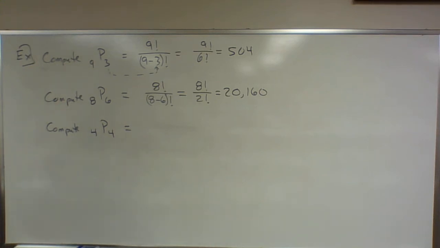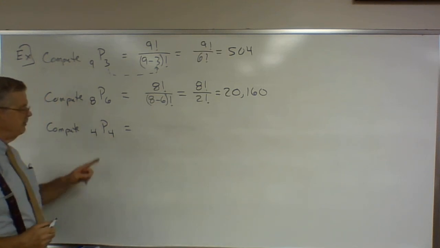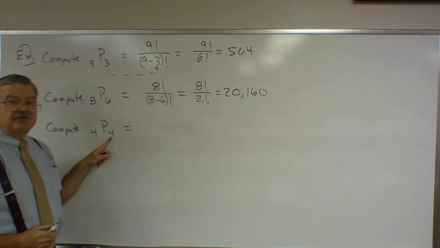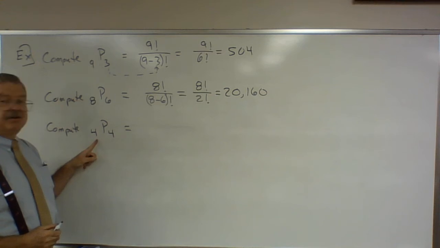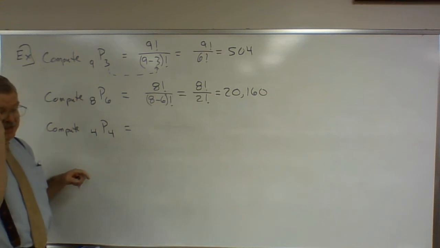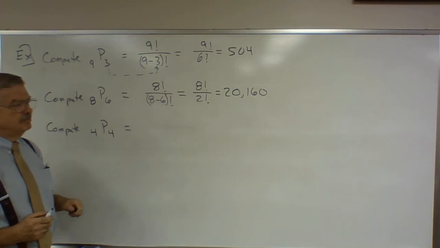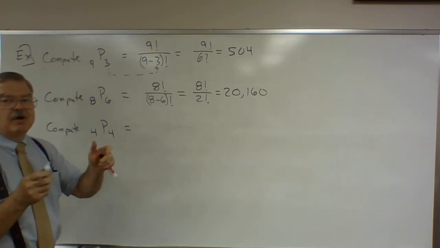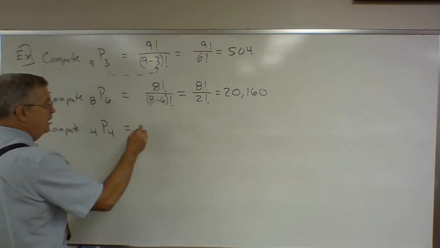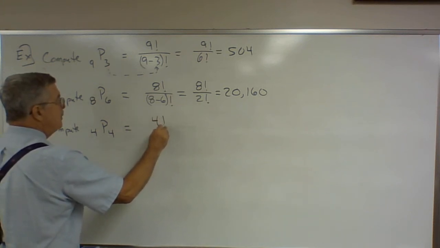And let's do this one. This one is an interesting case. We're taking a set of 4 elements selected from a set of 4 elements. And we want to know the number of permutations. Well, essentially, we're just taking the entire set of 4 elements and permuting it. Let's see if our formula works.